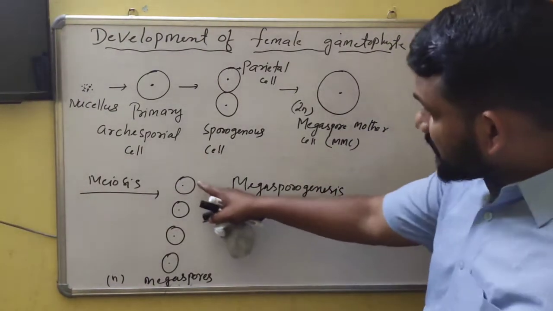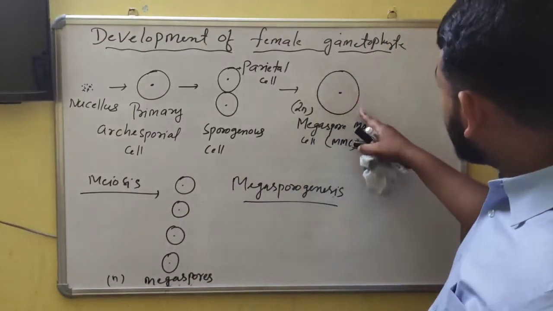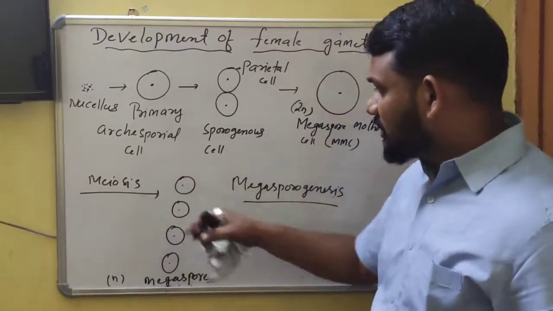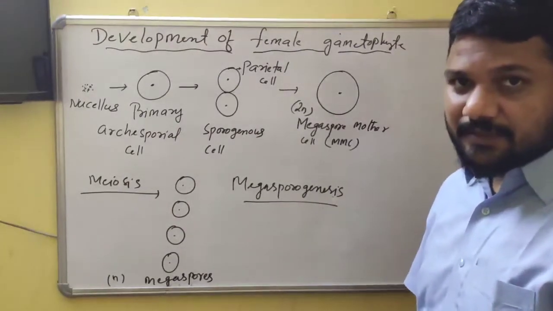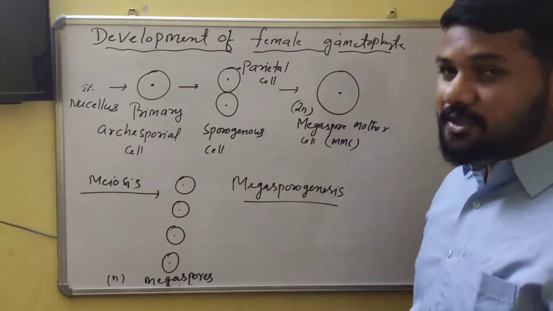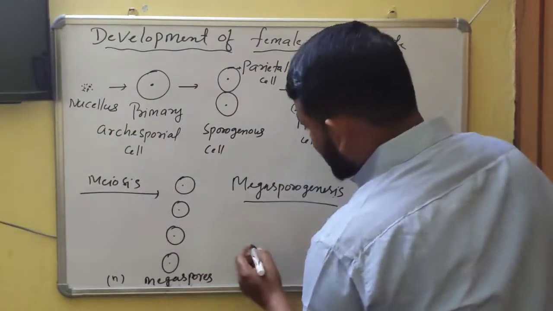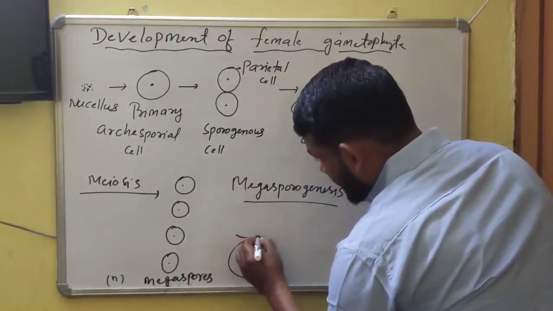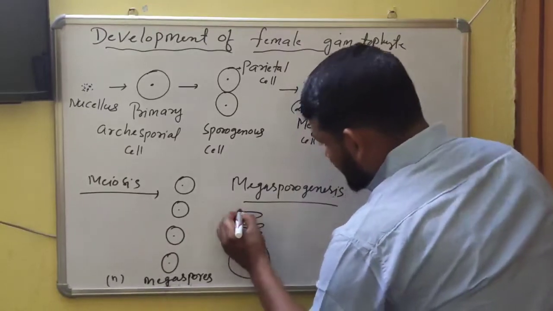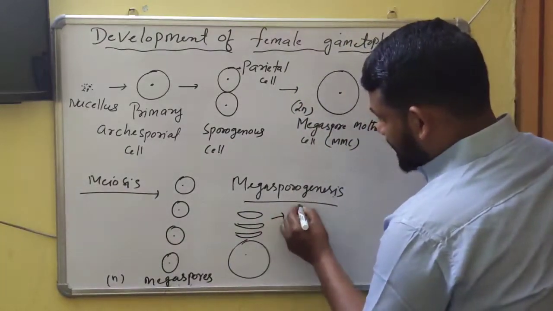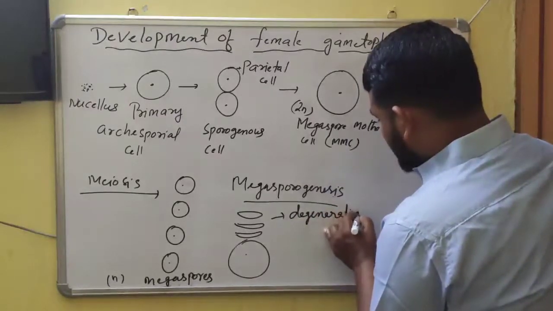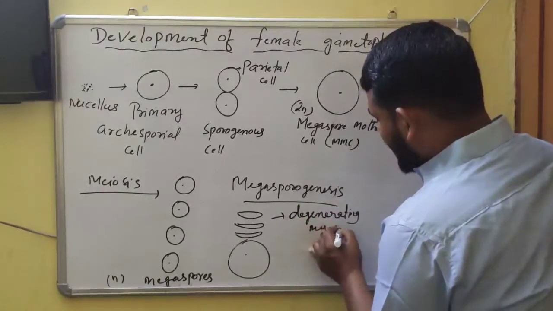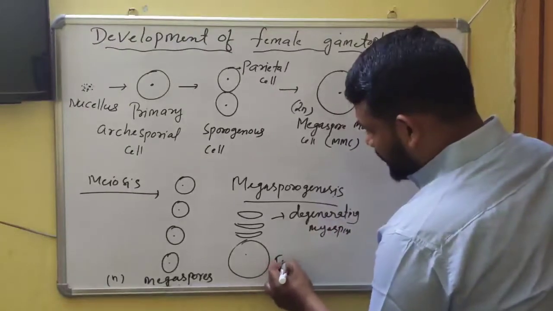What is megasporogenesis? Formation of megaspores from megaspore mother cell through meiosis is called megasporogenesis. Out of 4 megaspores, here 3 megaspores are degenerated. These are the 3 degenerating megaspores, and only 1 megaspore becomes functional.